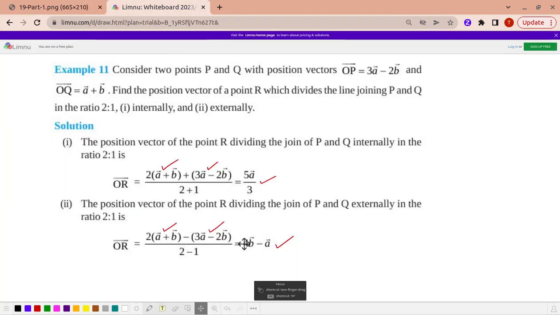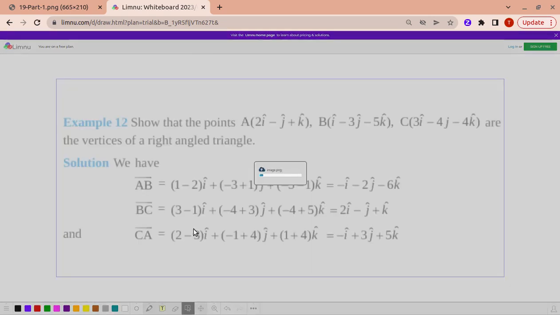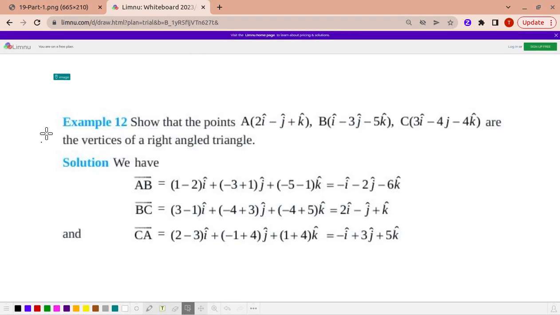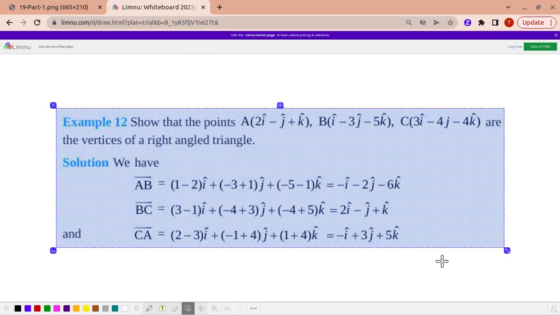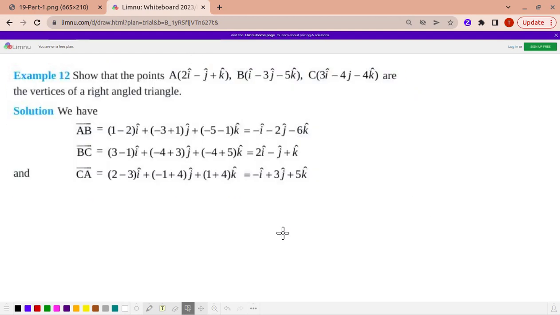Next question we are going to discuss, dear students, is here: to show that the points A, B and C are the vertices of a right angle triangle. That means it will be something like this.